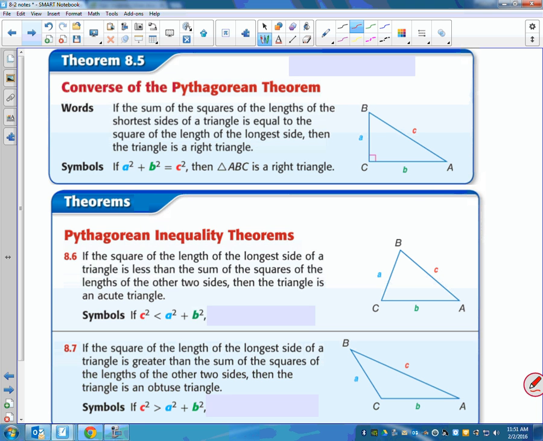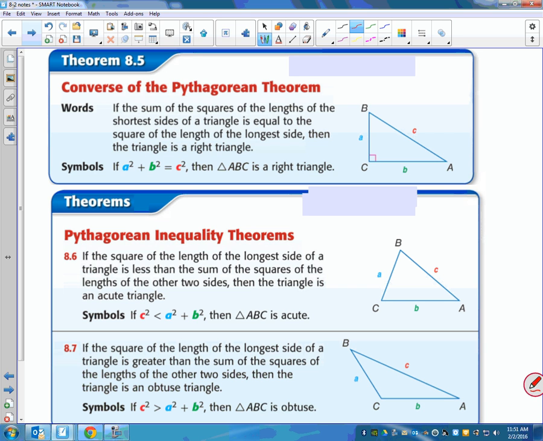If it's less than, does it make sense that it should be an acute triangle? If it's less than, not equal to, because acute is less than. But you've got to remember to put c squared on this side, or you get messed up. And if c squared is bigger than adding the two legs together, then that is a way to prove that a triangle is obtuse.